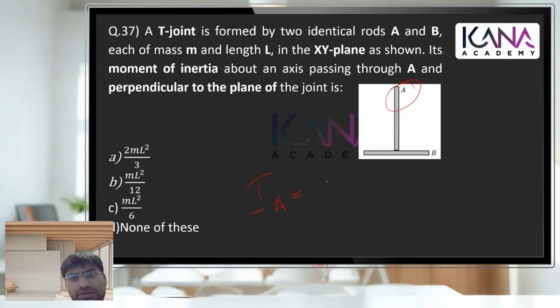IA is m L square by 3 plus m L square by 12 plus m L square. So if we simplify, it will be 17 by 12 times m L square.